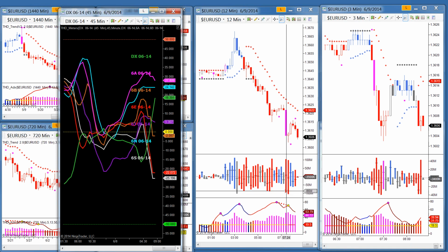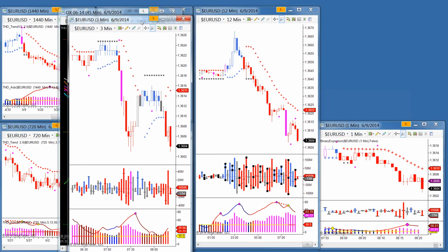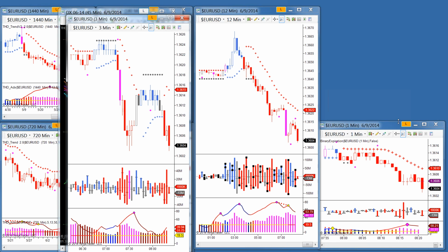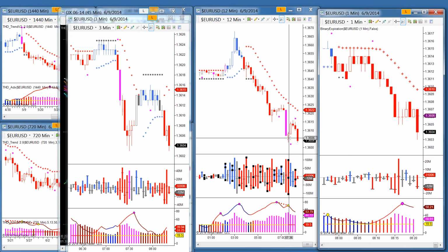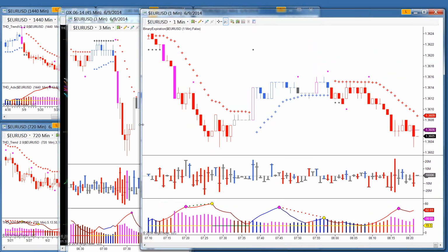So you can see at approximately 7:36 you got this magenta peak in here, okay? So you could have went down to the 1 minute to see if that was going up to close above the expiration. And that would have been on this chart, and the magenta peak came in at 748.